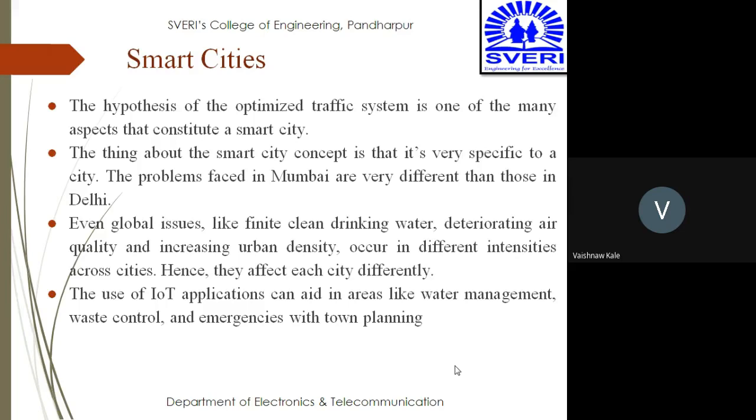That is one of the optimized traffic systems, one of the most important concepts. The optimized traffic system is one of the many aspects that constitute a smart city. Obviously, if traffic control is optimized, that will be one of the most important features in moving towards a smart city.